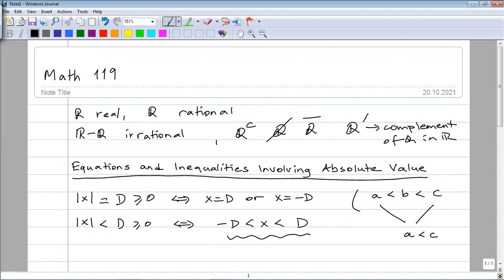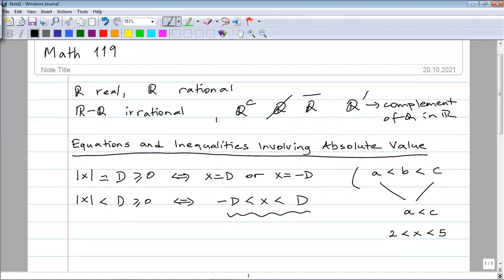Okay, so we don't write, usually we write, say x is between 2 and 5, right? It means x is a number which is greater than 2, less than 5, but we never write like this.